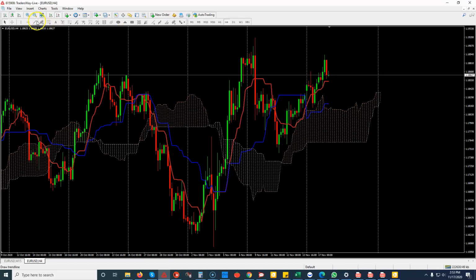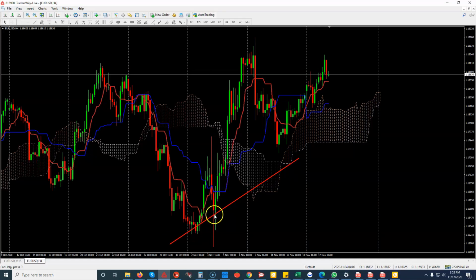So the first step is just to draw a trend line. If we were looking back in history a little bit, we draw a trend line at this point, and we can see that we hit a support here, and then price bounced, and then hit another support, and then bounced again.